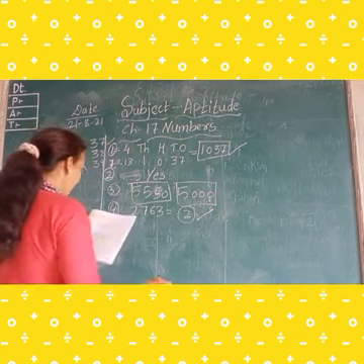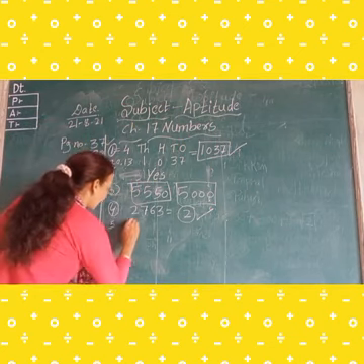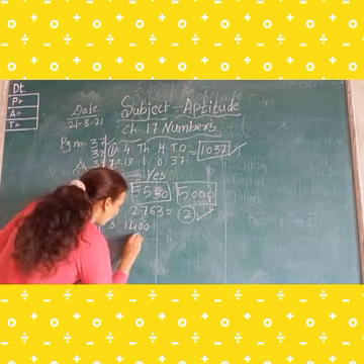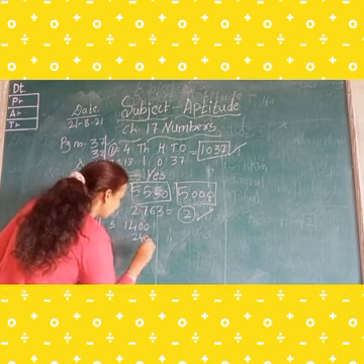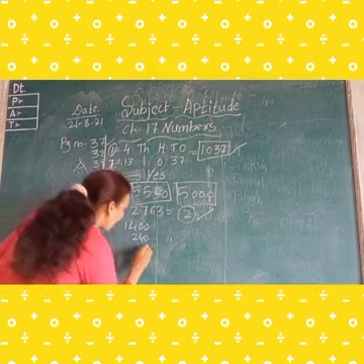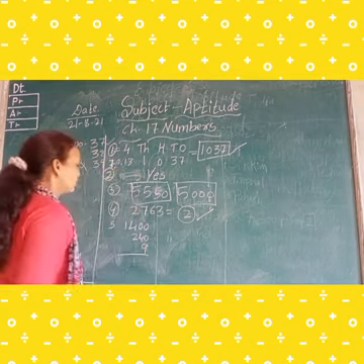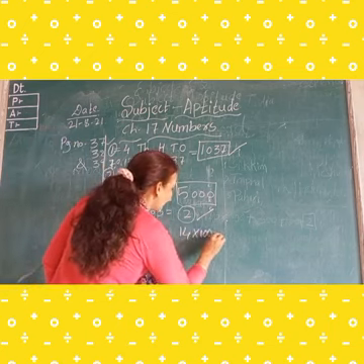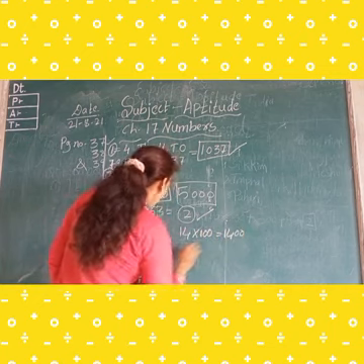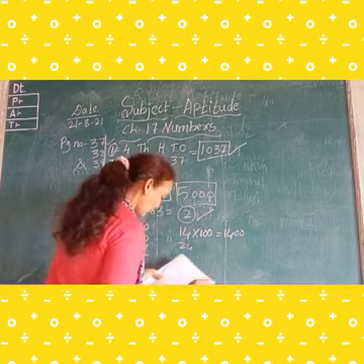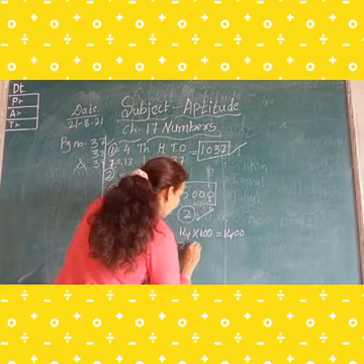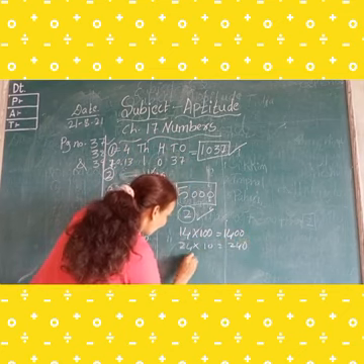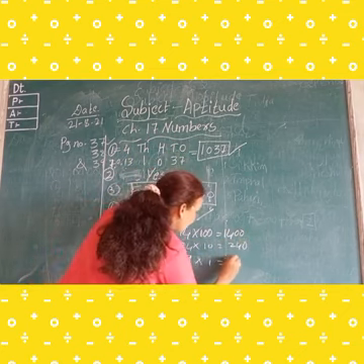How will we get 14 hundreds? 14 into 100 is 1400. Then 24 into 10, we get 240, and 9 ones we get 9.